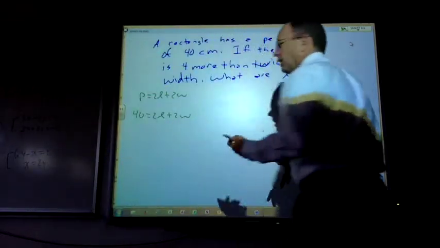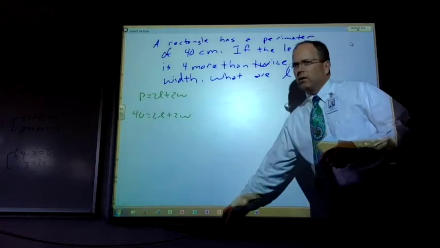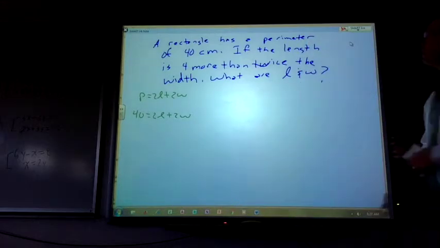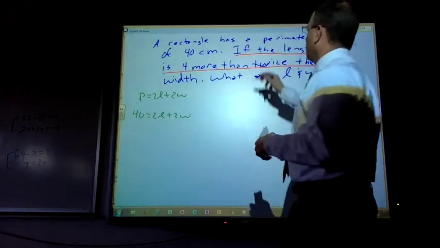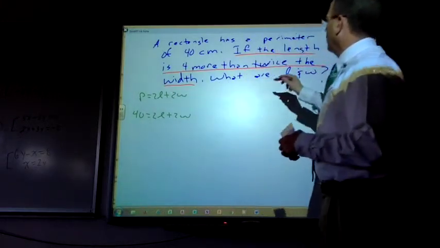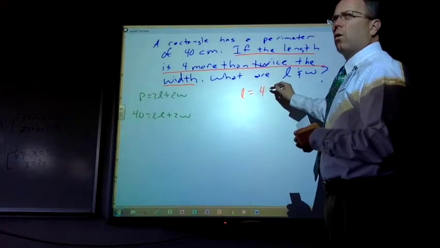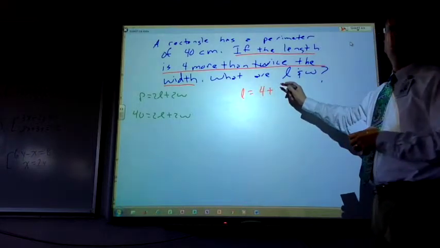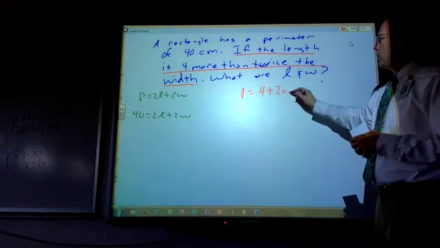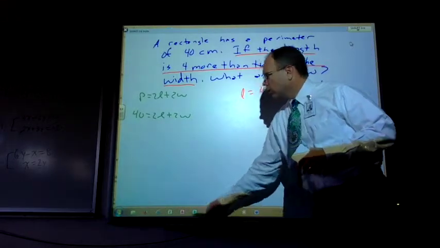Okay, Casey. What do we know about the length or the width? What's told to us up here? Yeah, so if we know this, four more than twice the width. So the length is equal to 4. How do you do 4 more? 4 plus. How do you do twice the width? 2W. So now that's our relationship of the length to the width.